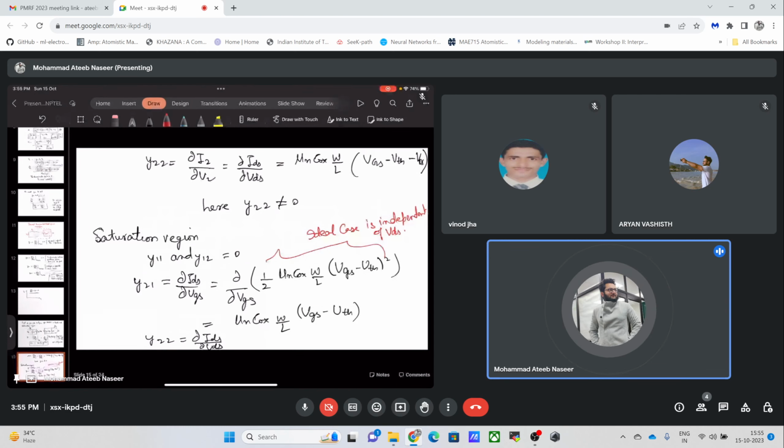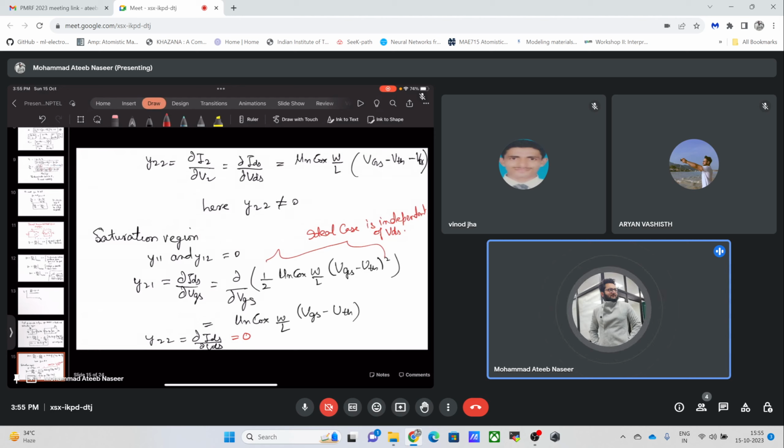Since it is independent of VDS, Y22 is also 0. So in this saturation region we are getting all the desired parameters that we require for the operation of the power amplifier.